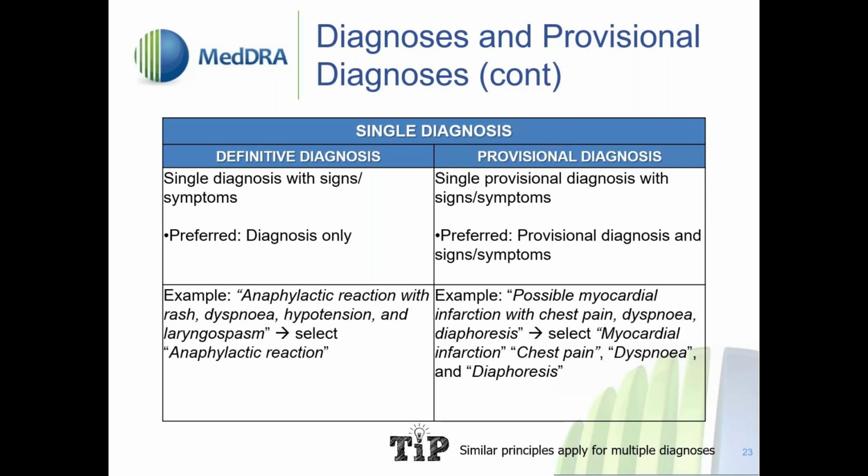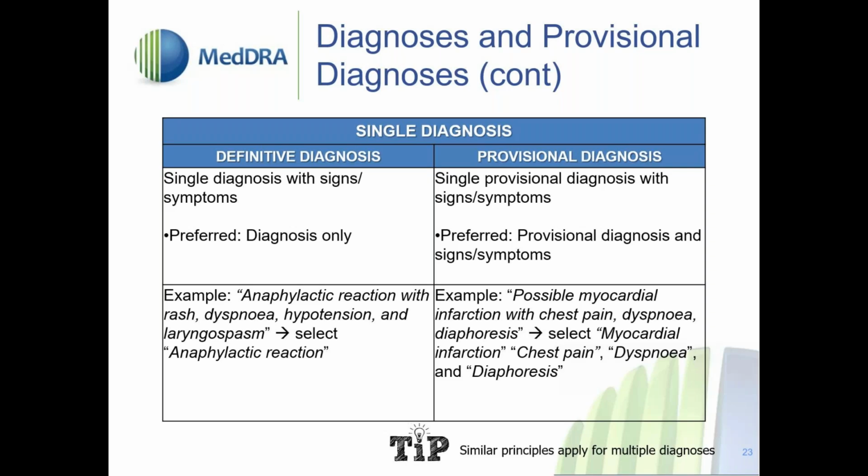So the example here is if you have anaphylactic reaction, along with rash, dyspnea, which is shortness of breath, hypotension, and laryngospasm. If all these signs and symptoms are associated with the anaphylactic reaction, then all you need to code is the diagnosis of anaphylactic reaction.